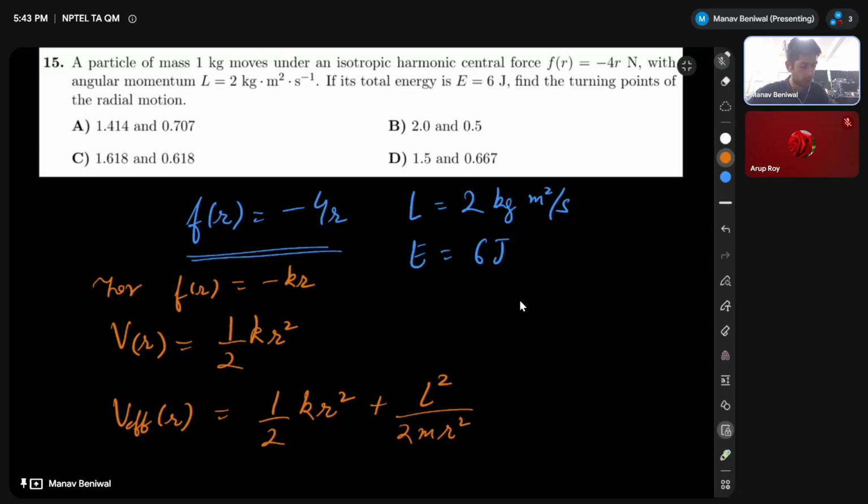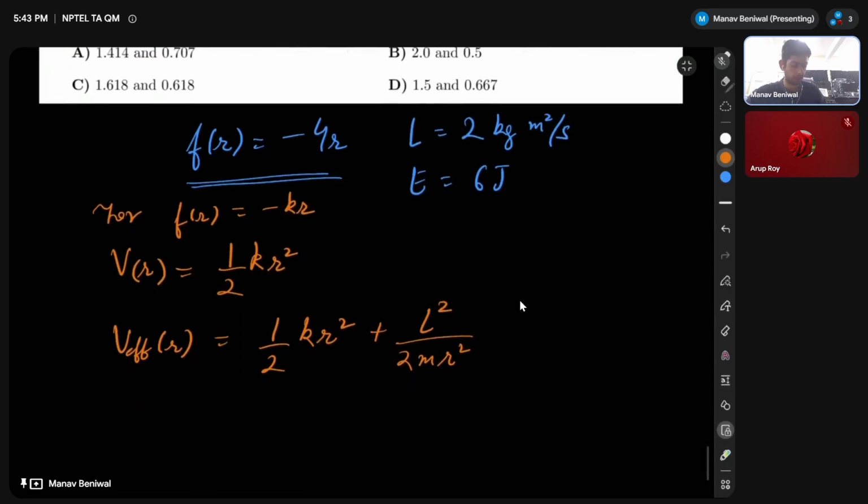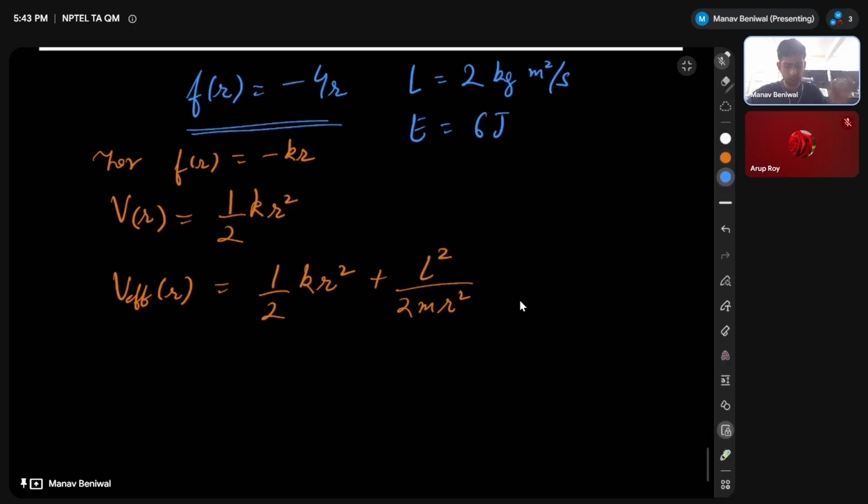So the question asks us to find the turning points of the radial motion. At turning points, our velocity becomes 0, right? So r dot is 0, and this implies that all the energy of the particle is only stored in this effective potential.